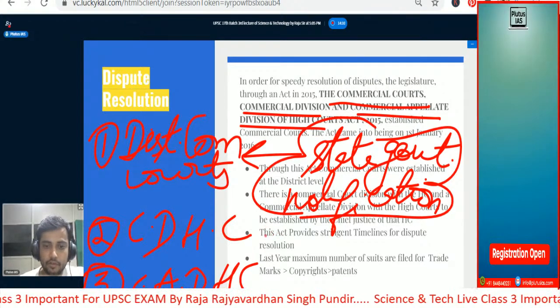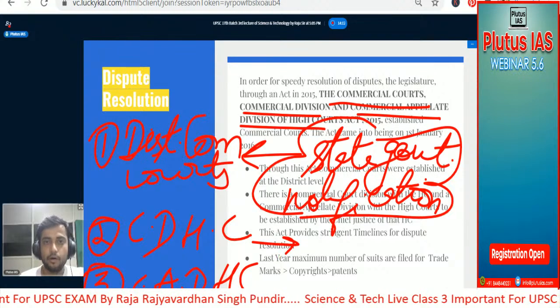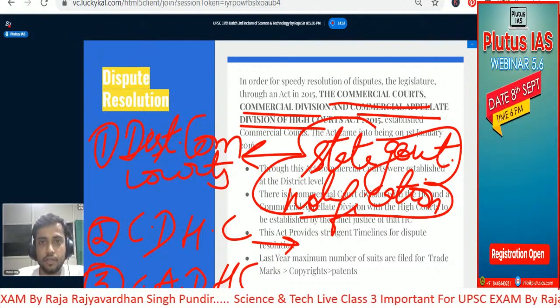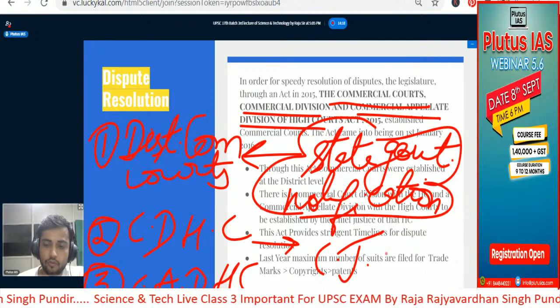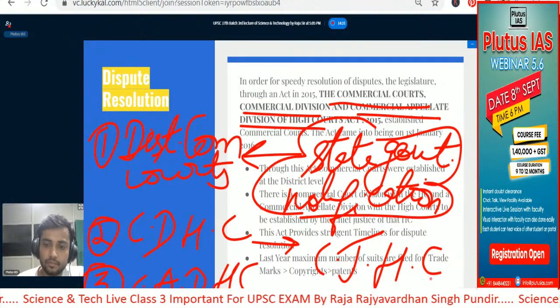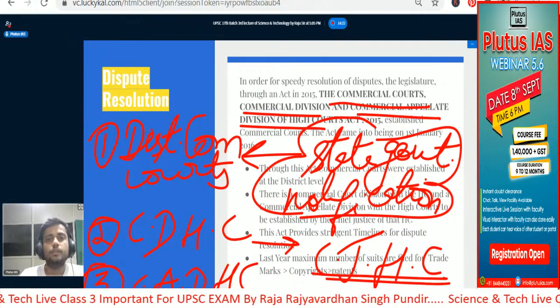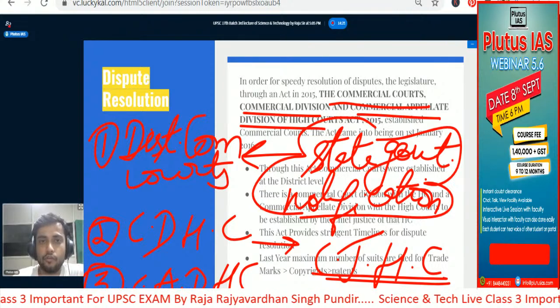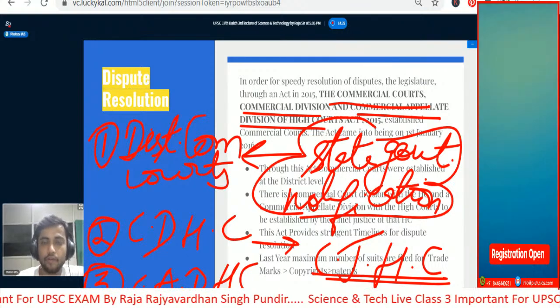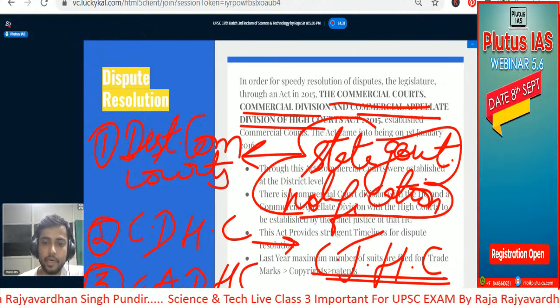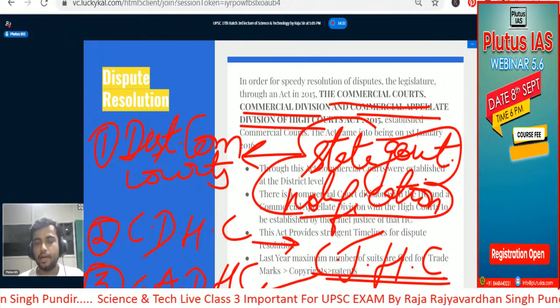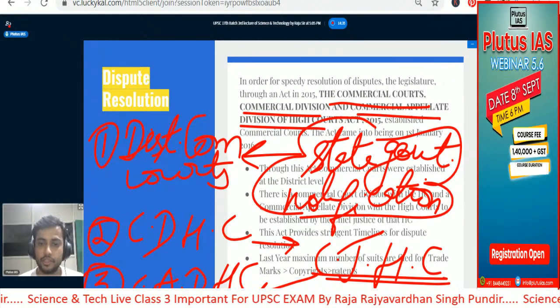And the power to establish the commercial division with the High Court lies with the Chief Justice of that High Court. The Chief Justice of the High Court will decide whether he wants a commercial division or a commercial appellate division in that High Court. That power lies with the Chief Justice.